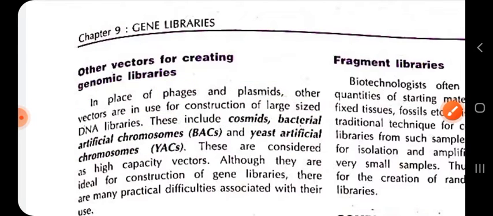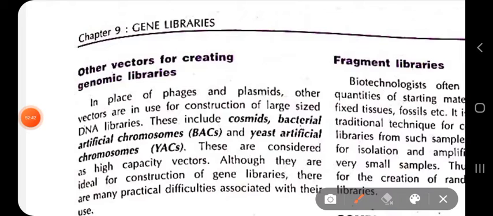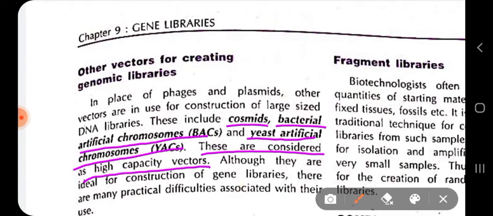So there are different types of vectors which can be employed for gene library construction. For example, we can use cosmids, bacterial artificial chromosomes, or yeast artificial chromosomes, which are assembled to form a modified plasmid, and these are considered high capacity vectors.